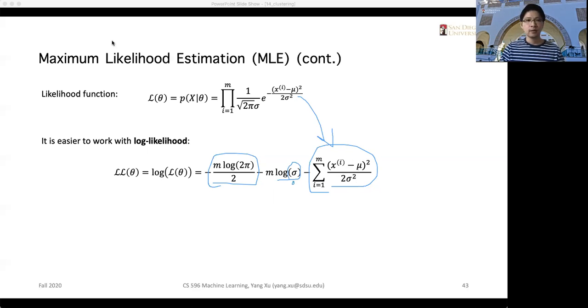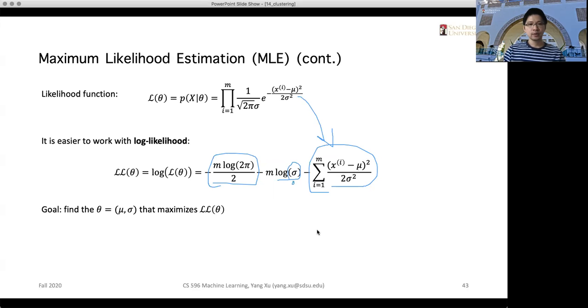This is a much more friendly form as a target function or a cost function. So now the goal is to find the mu and sigma that maximize this log likelihood function.